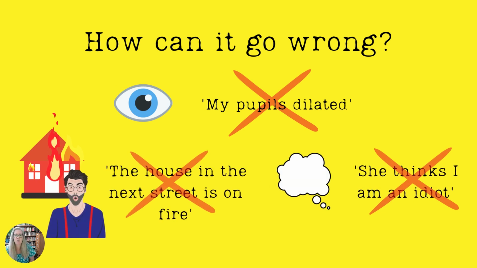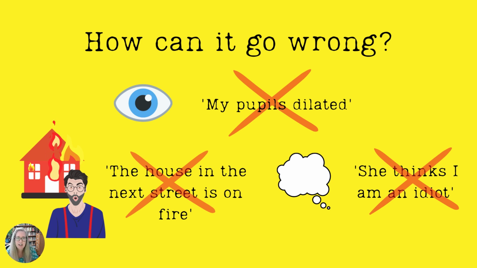So it seems pretty simple enough, but there are times when this can go wrong as the writer. And when it goes wrong, it's when the writer shows something that the character can't possibly know about. So, for example, if you wrote "My pupils dilated," it would be very unusual that you noticed if your own pupils dilated.